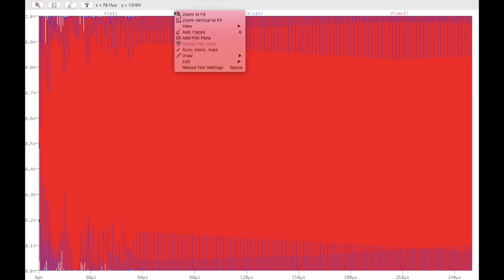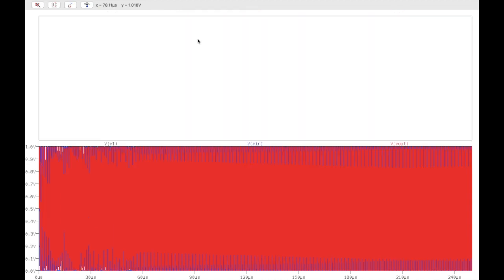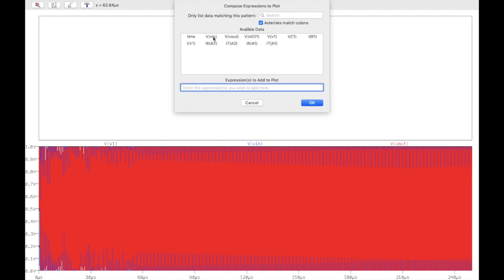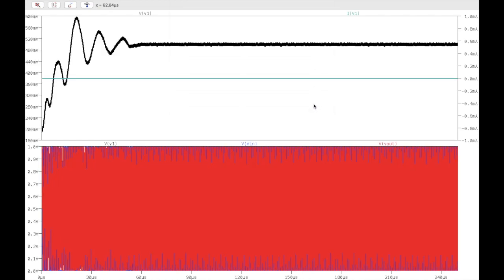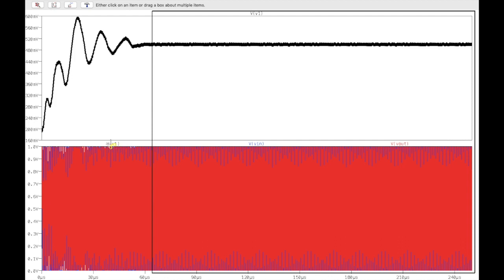Let me delete V1 now, or maybe I'll add another plot pane and plot V1 there. Yes, I'm plotting V1 here, and I will delete V1 from here and here.